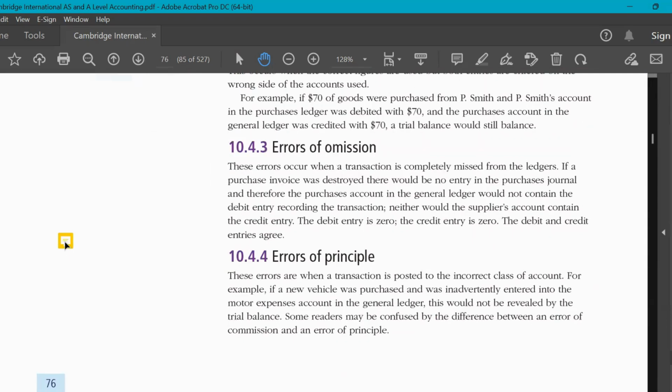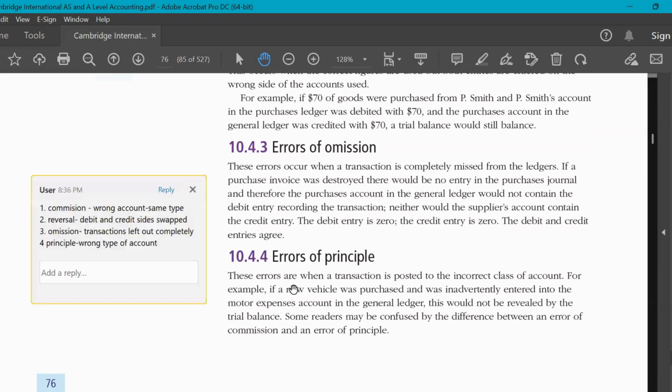Errors of principle. Meaning, these errors are when a transaction is posted to the incorrect class, incorrect group of account. So for example, if the new vehicle was purchased and was entered into the motor expense, because vehicle is an asset, and motor expense is of course an expense on the general ledger, it will not be revealed by the trial balance.